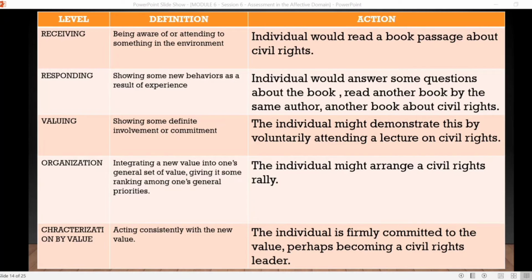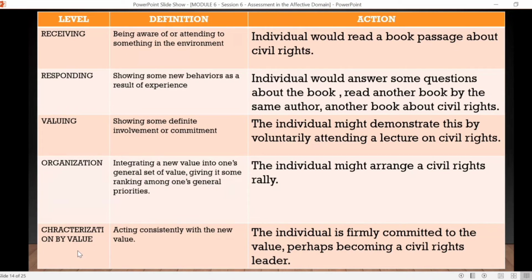But this is not the only way to show that you are on that level. Maybe later we will teach the children that they must rally. A rally is not the only way to show that you are at the valuing level. What is important is that you integrate this new value into your general set of values. It could manifest in different ways.